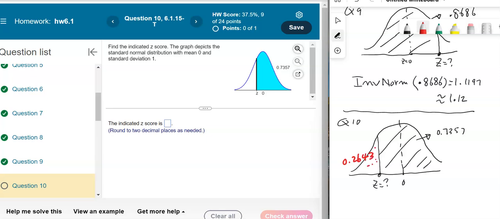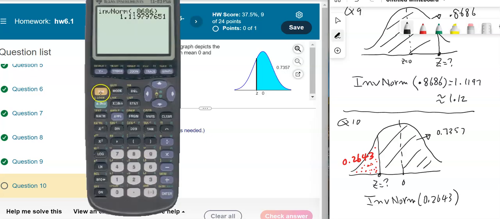So you put that number in inverse norm: second bars, inverse norm, number 3, and you put 0.2643.